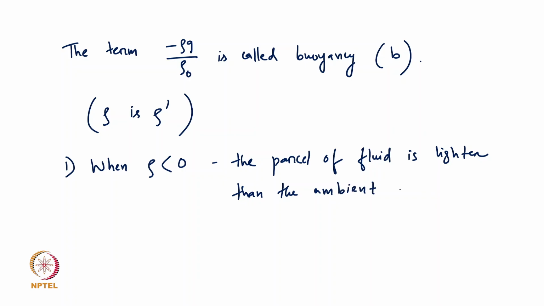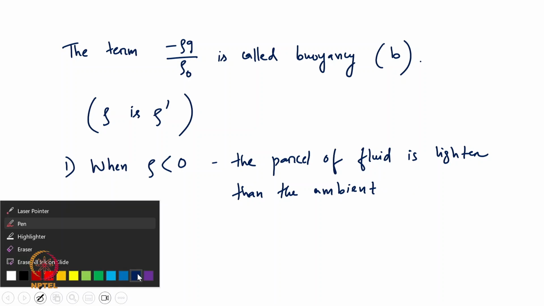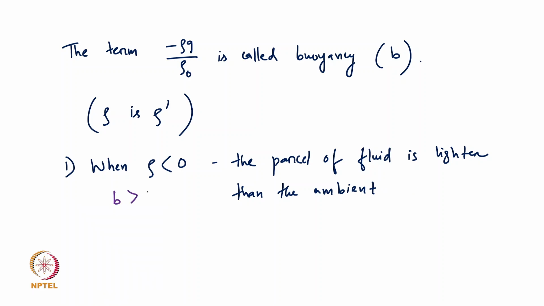That is, B is greater than 0 in this case. So it has a positive buoyancy. We might have heard in common language that it's a buoyant system, a buoyant fluid. That is, it has an upward acceleration, so positive buoyancy denotes upward acceleration.